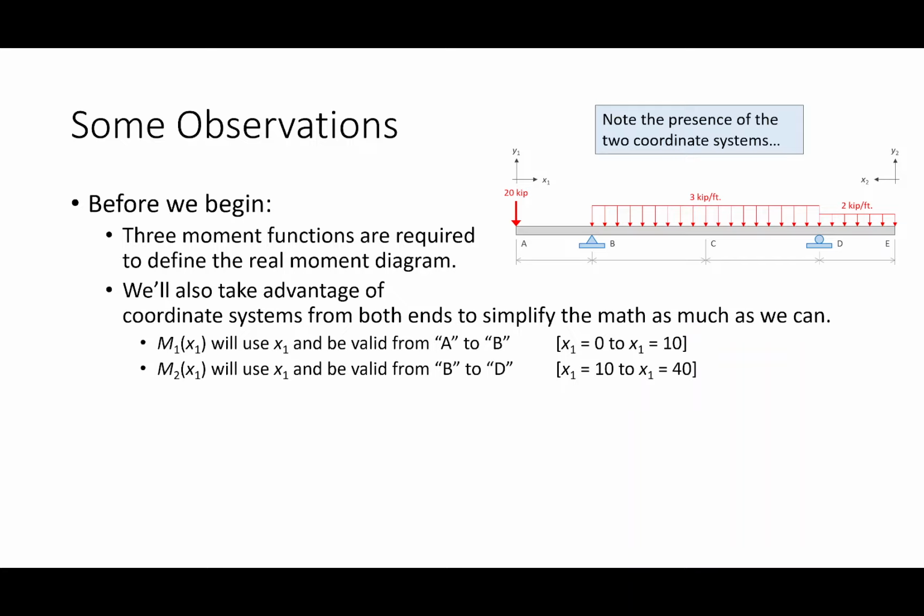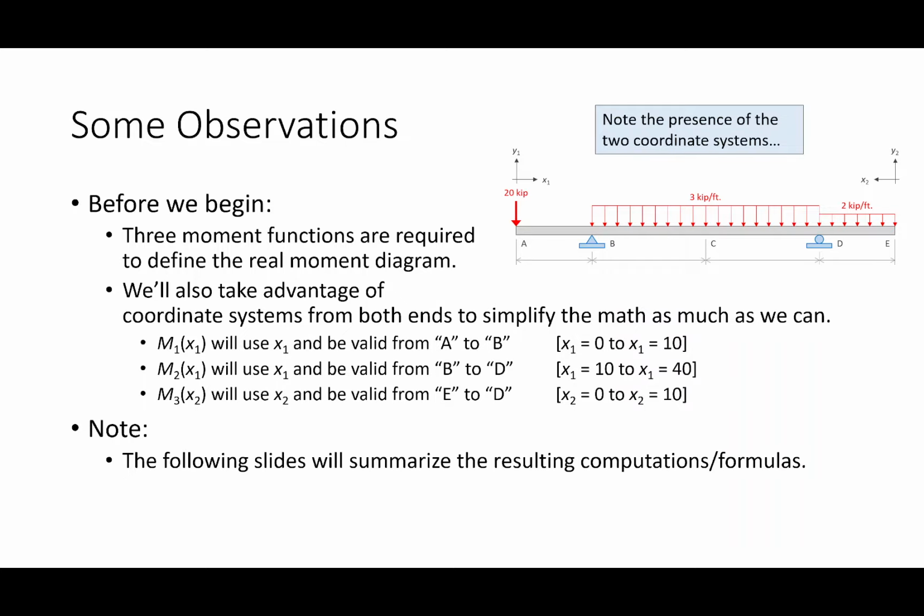I'm just going to go ahead and say it's going to be this one. So the first one will be from 0 to 10. This next one will be from 10 to 40. And then the last one will handle this part right here. Okay. So one thing I'll say is I'm not going to go through every single step here. I'm just summarizing the formulas and the computations.